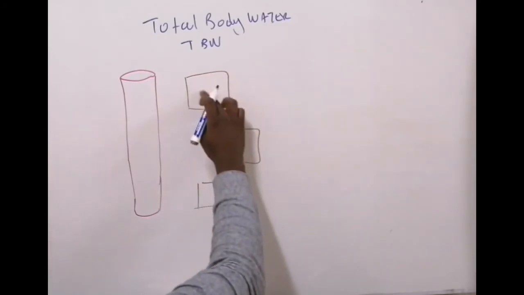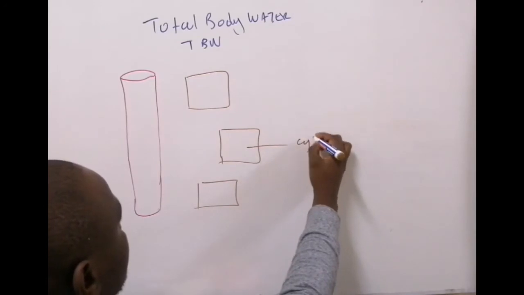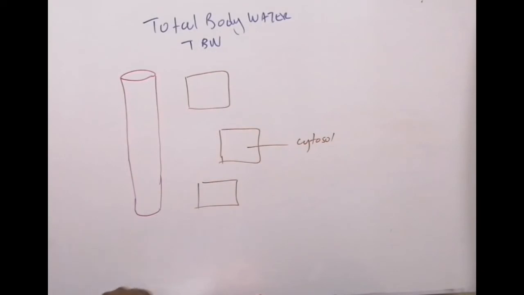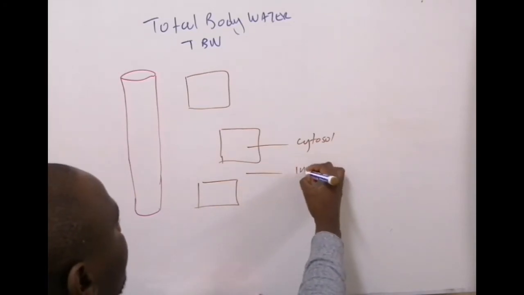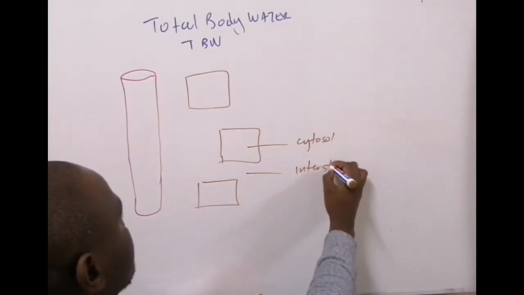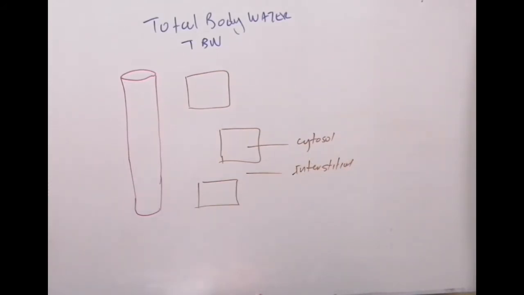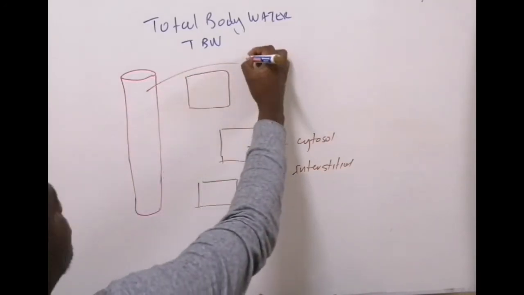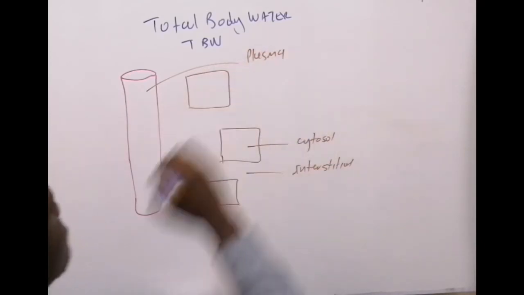Our intracellular fluid, we said it's called cytosol, and the fluid that bathes the cells, that is found around the cells, is called the interstitial fluid. And the fluid that is found inside the vessels is called the plasma.